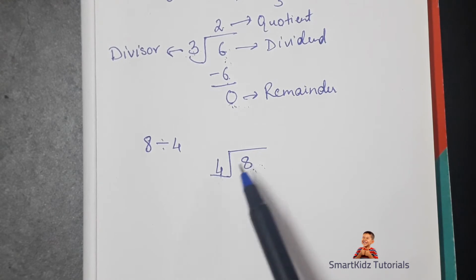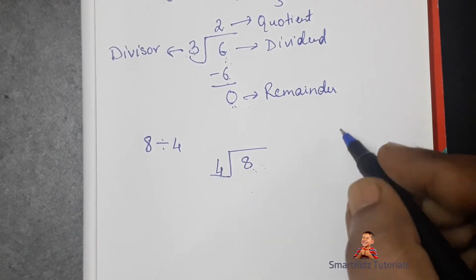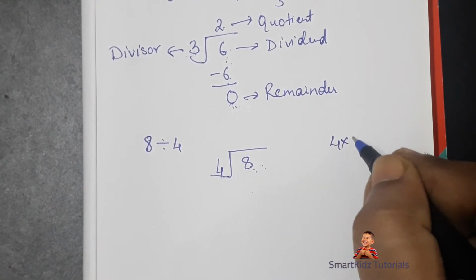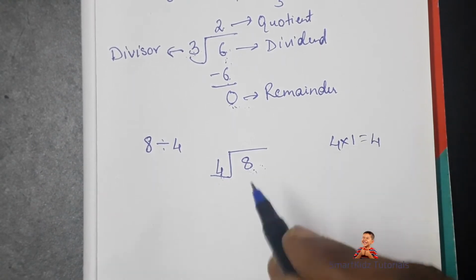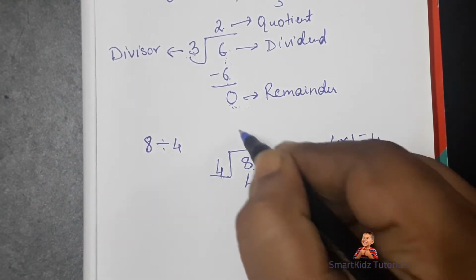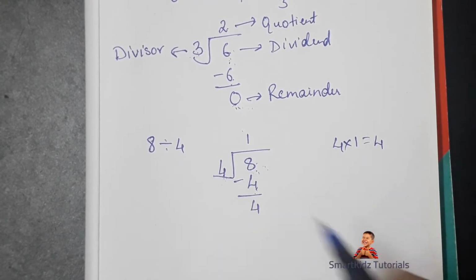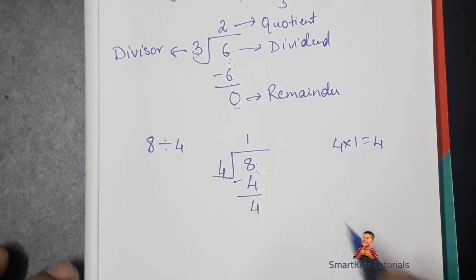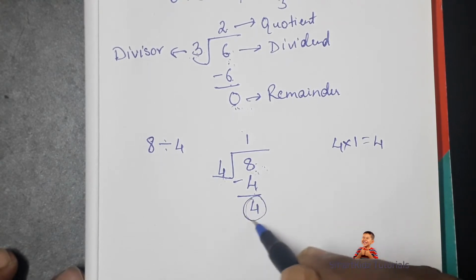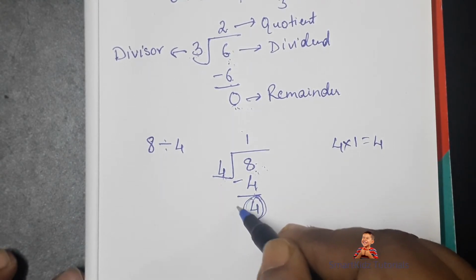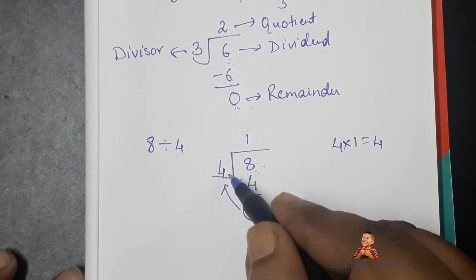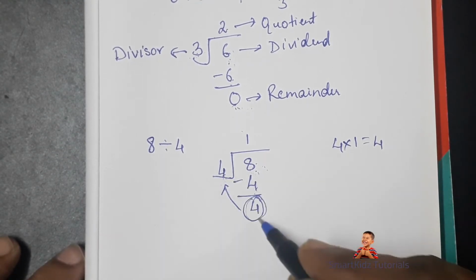Now when we divide, we'll check step by step. 4 into 1 gives us 4. If we write 4 over here, 4 into 1, 4. 8 minus 4 gives us 4. Now remember, the remainder should always be less than the divisor. In this case, it is equal to the divisor.